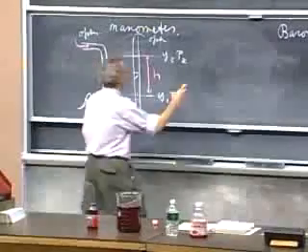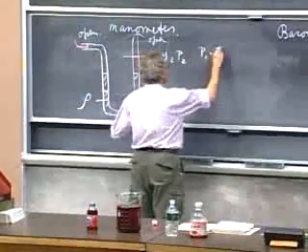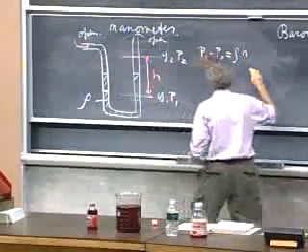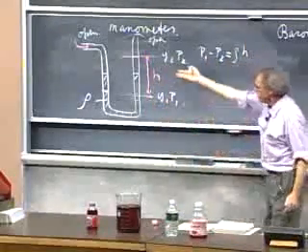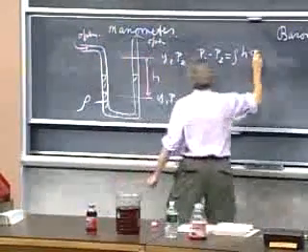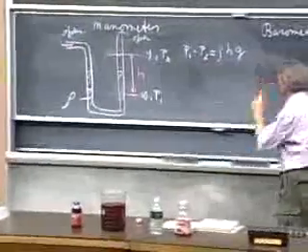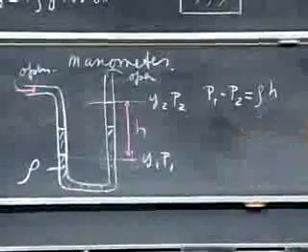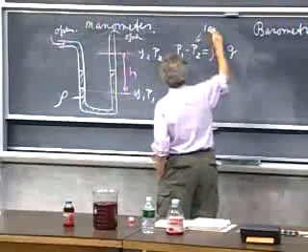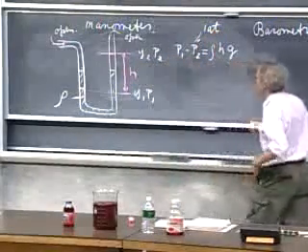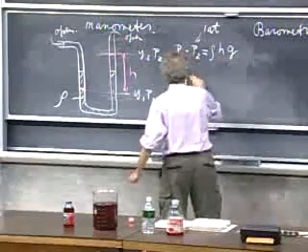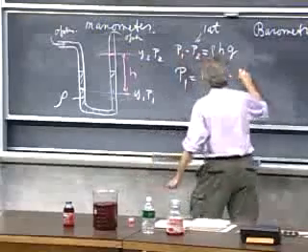And so p1 minus p2 equals rho times h. I apply the law that we still have here: p1 minus p2 equals rho times h times g. I know that the p2 level is 1 atmosphere. That's correct. This is 1 atmosphere. That's open to the world. So p1 equals 1 atmosphere plus rho h g.